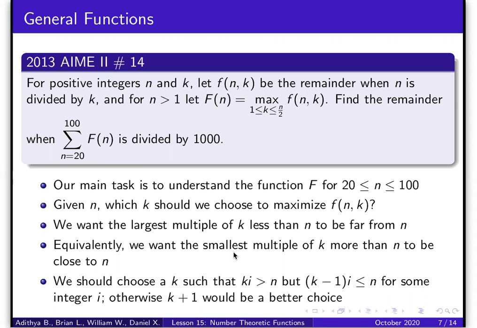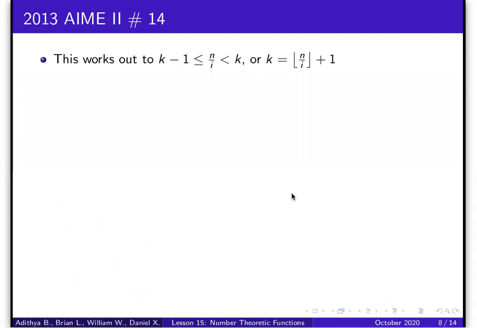In particular, if we rewrite our inequalities, k is of the form floor of n over i plus 1.